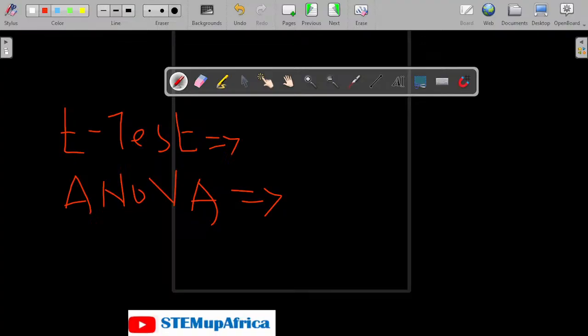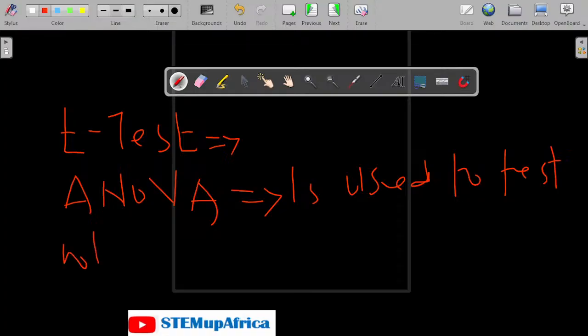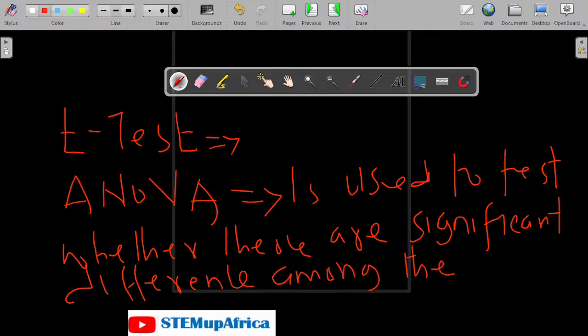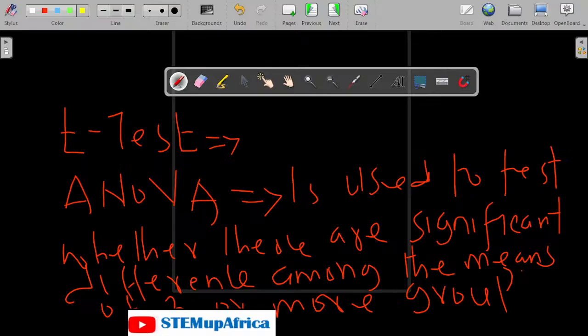The ANOVA is used to test, just like the t-test, whether there is significant difference among the means of 3 or more groups. That is what the ANOVA is used for.